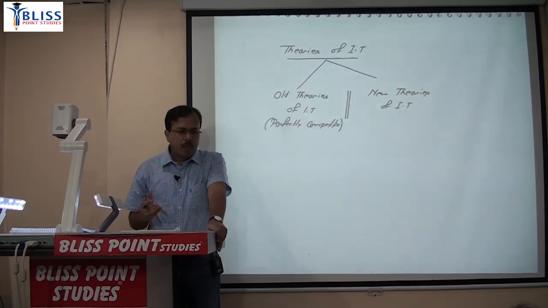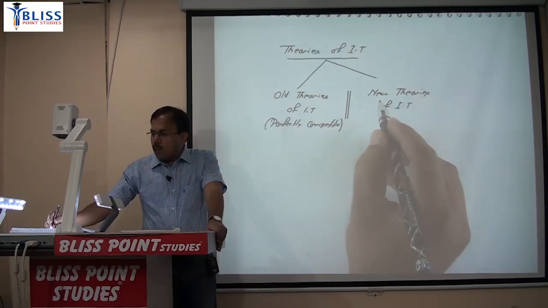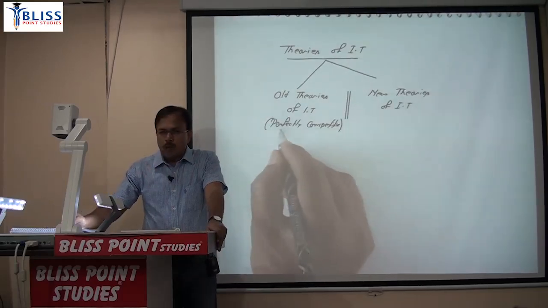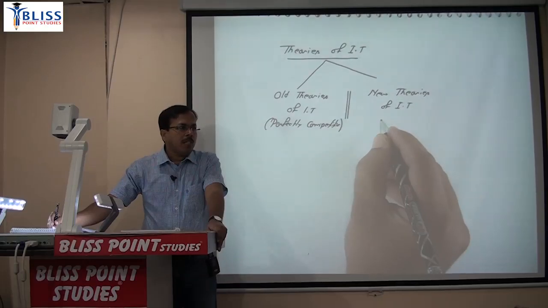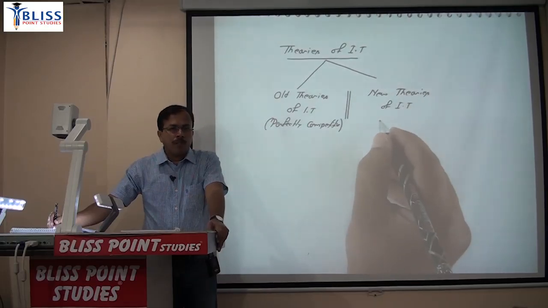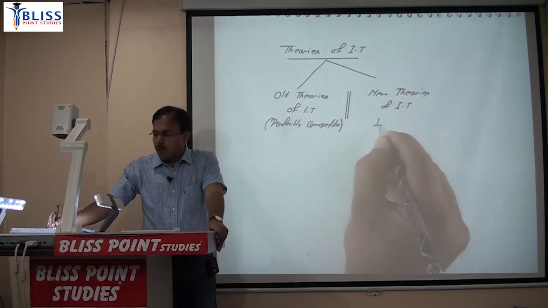When I say perfect competition, it means there will be a large number of firms producing an identical product and price will be equal to marginal cost. Firms are price takers. And all new theories assume that the market is not perfectly competitive. If the market is imperfectly competitive, imperfection means there will be some sort of monopoly element, which remains in monopolistic competition also.